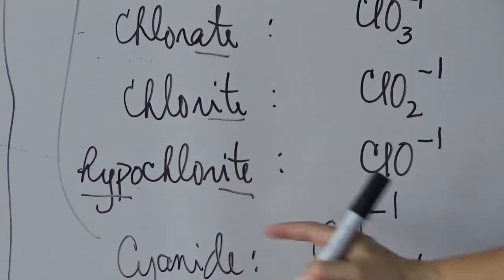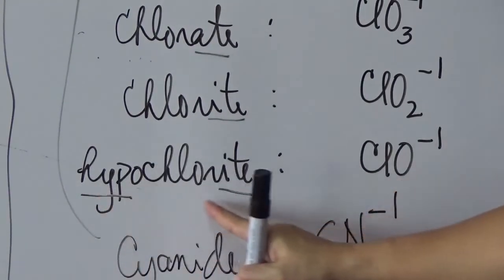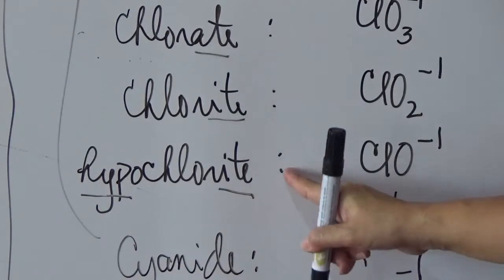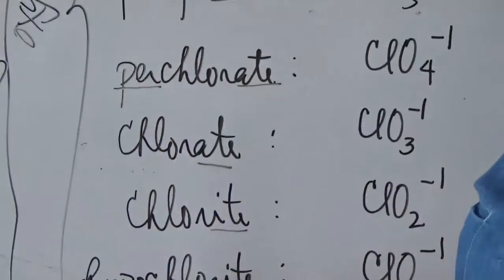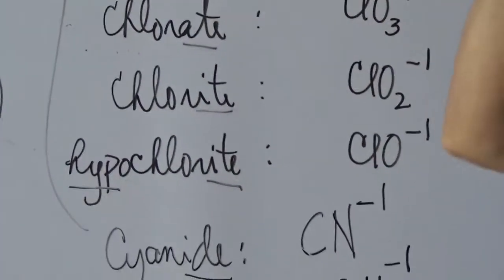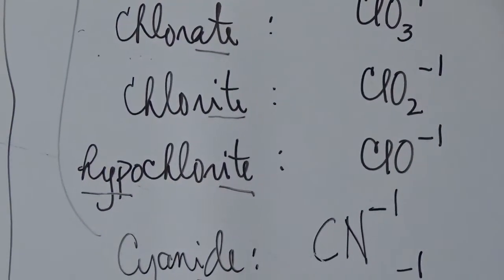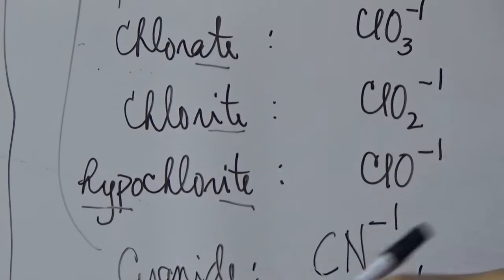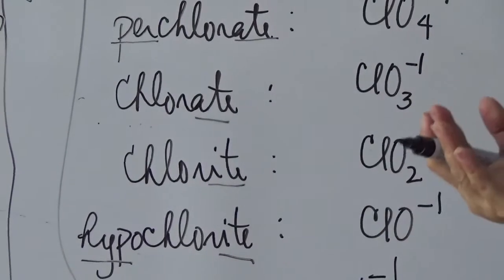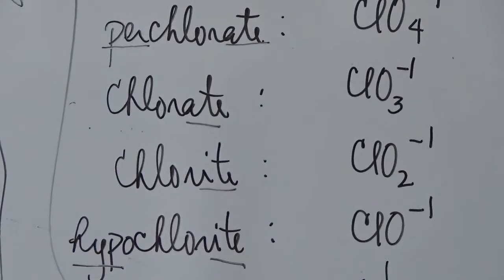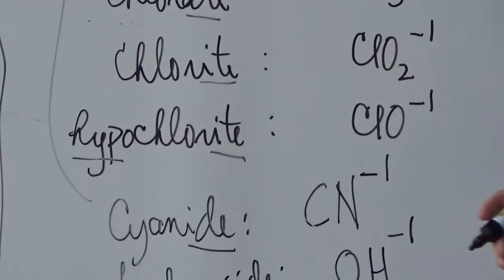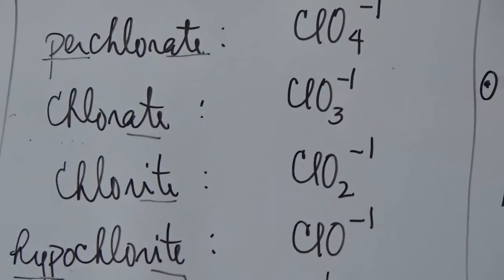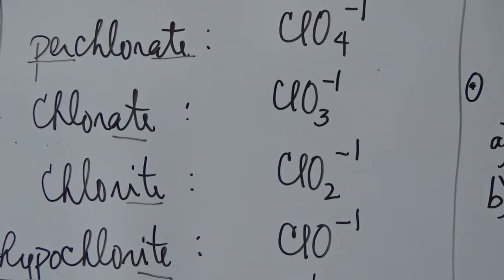So it will be named as hypochlorite. Please take note of the prefixes that we are using, the per and the hypo. Hypo meaning lower. Per is higher. That is why you have hypoglycemia.